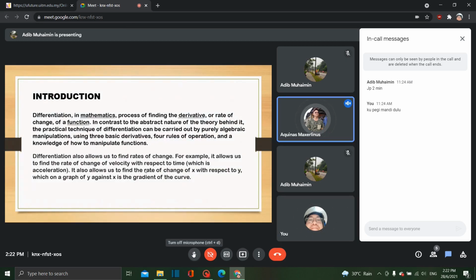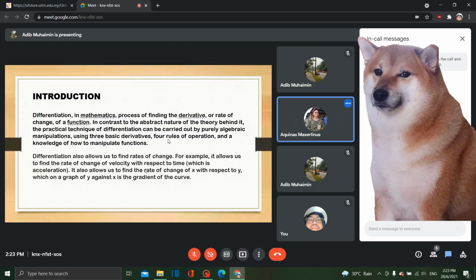Okay, so this is the introduction for differentiation. So what is differentiation? Differentiation in mathematics is the process of finding the derivative or rate of change of a function.